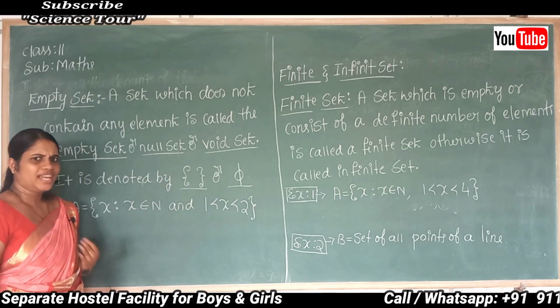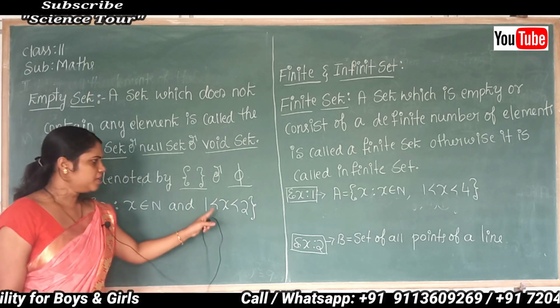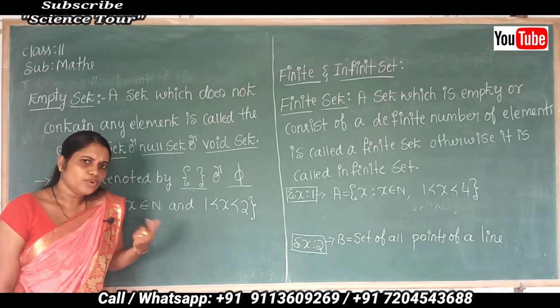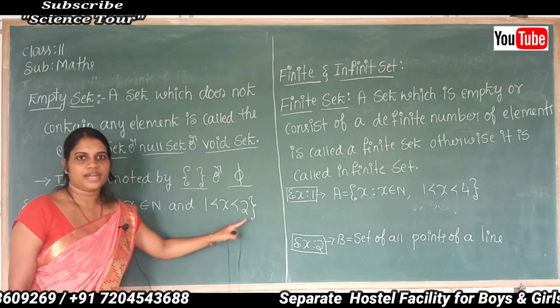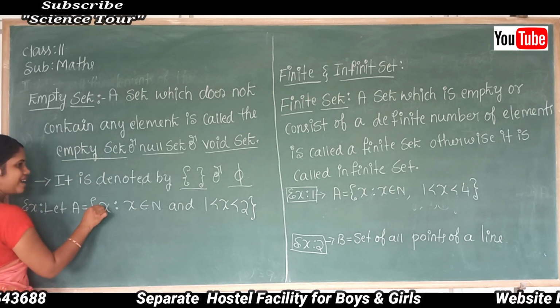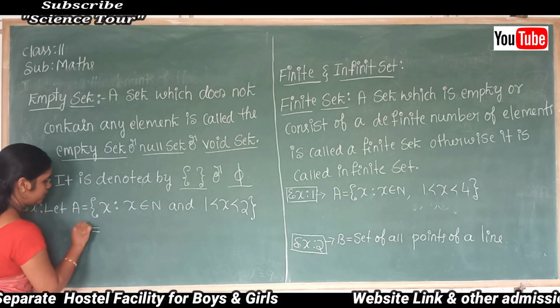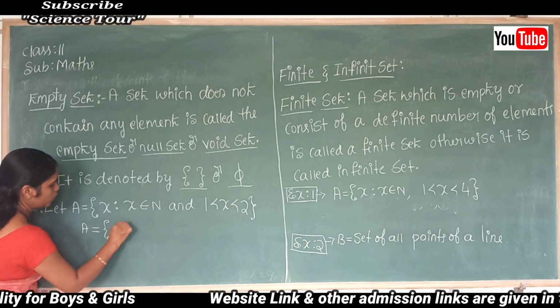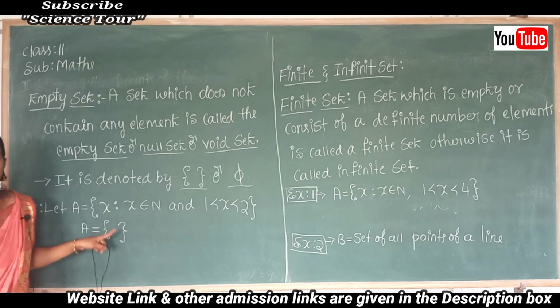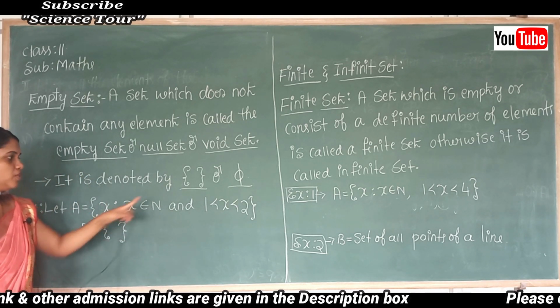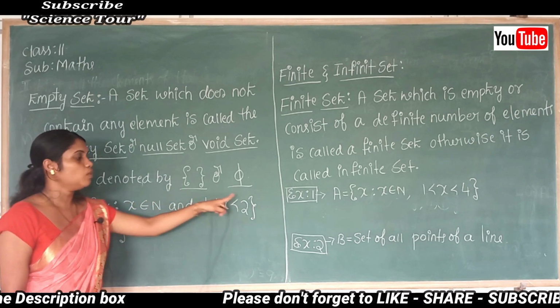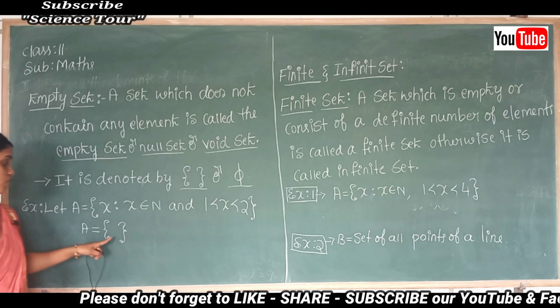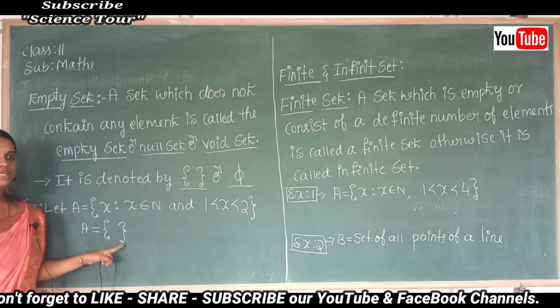Can you choose any natural number in between 1 and 2? Do you have any natural number in between 1 and 2? No, right? So, therefore, this is an example for null set. We will give set A is equal to empty set because we cannot find any natural number in between 1 and 2. Okay. So, therefore, set A is nothing but an empty set.